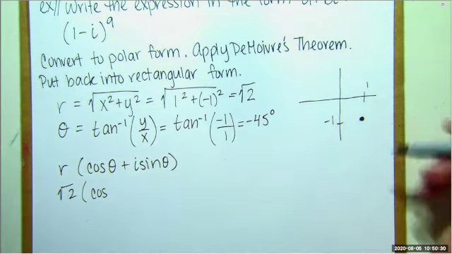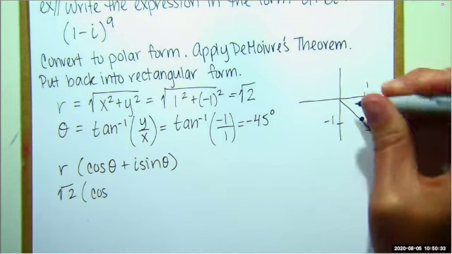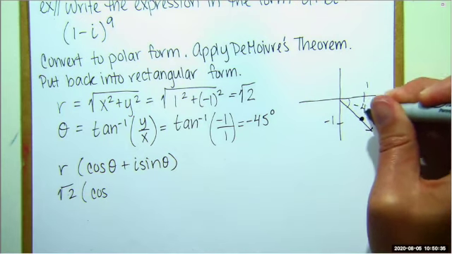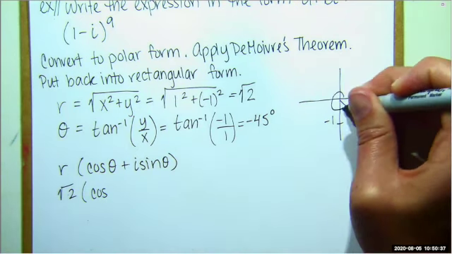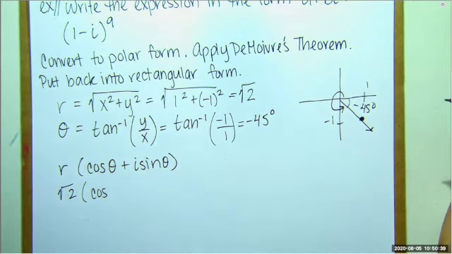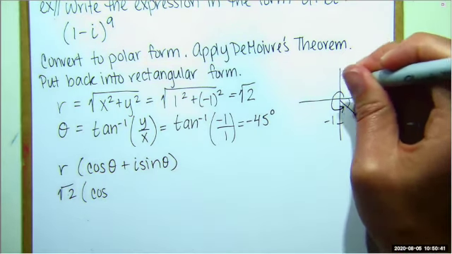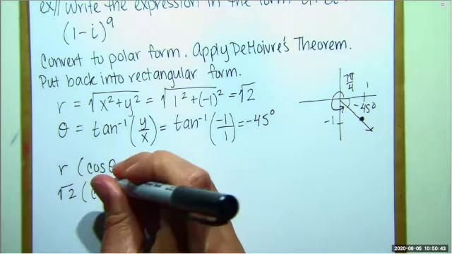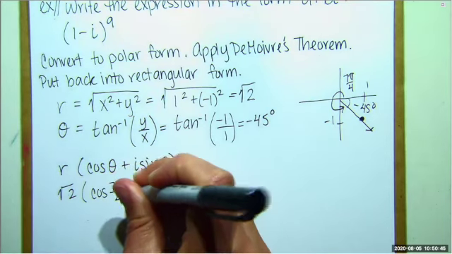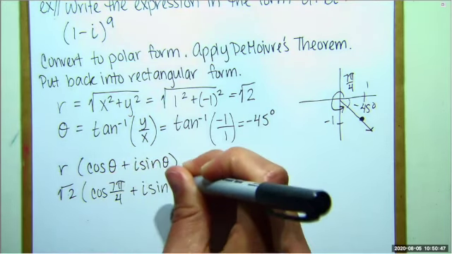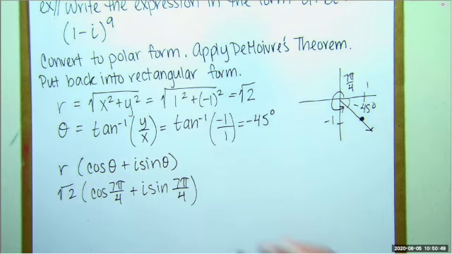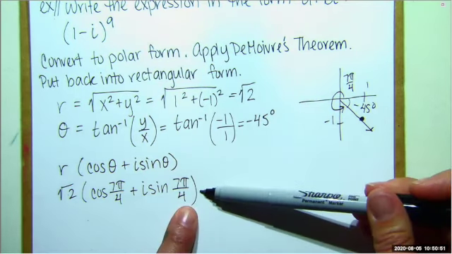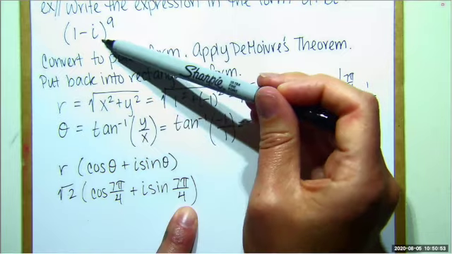And for theta, this makes sense, right? Here's our 1, 1, root 2, so this is -45 degrees. I'm going to use the equivalent positive angle in radians. So in radians, this is 7 pi over 4. Okay, so this is 1 minus i.